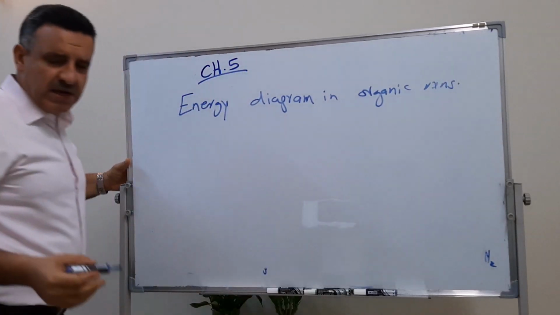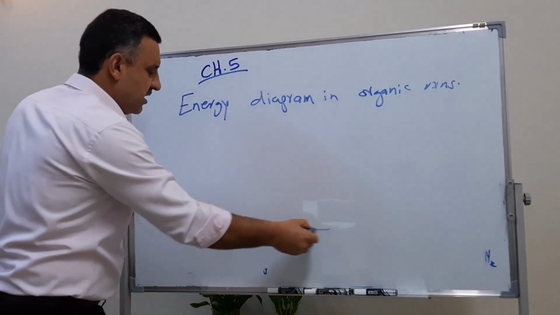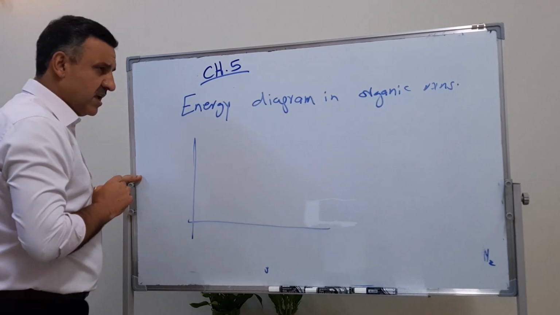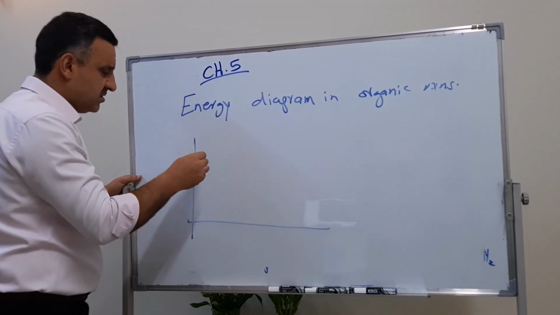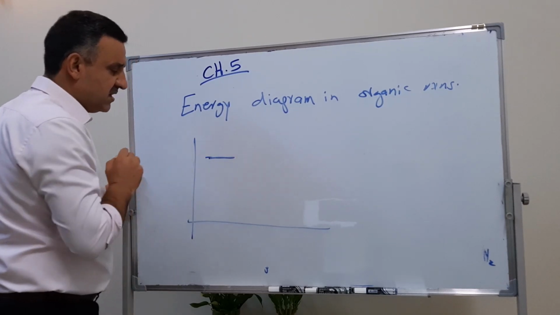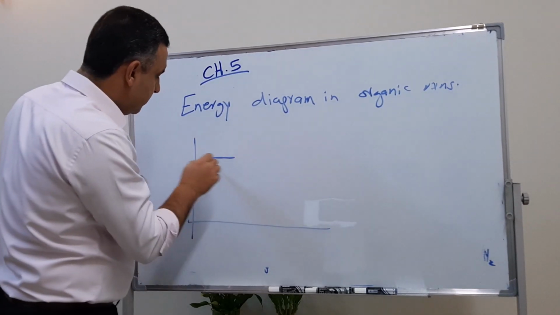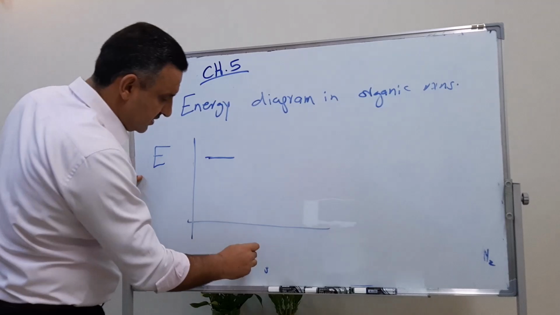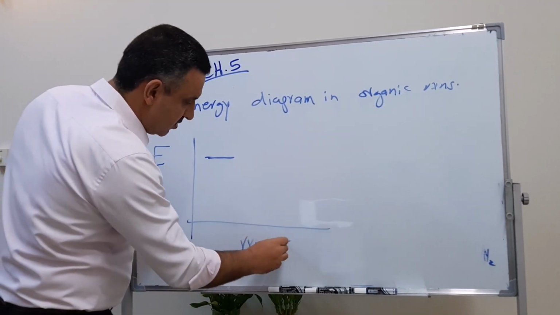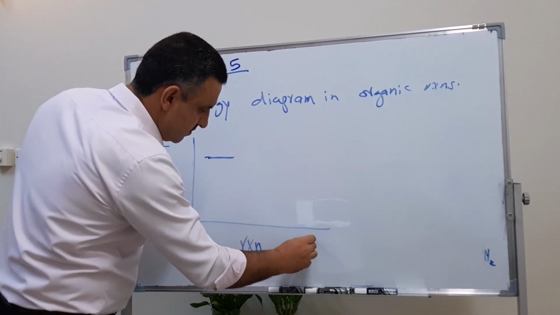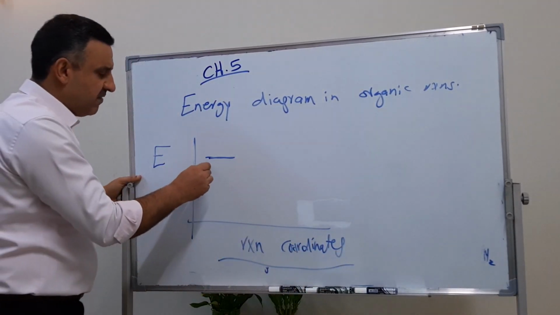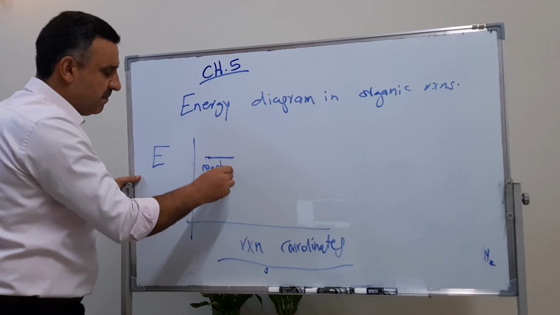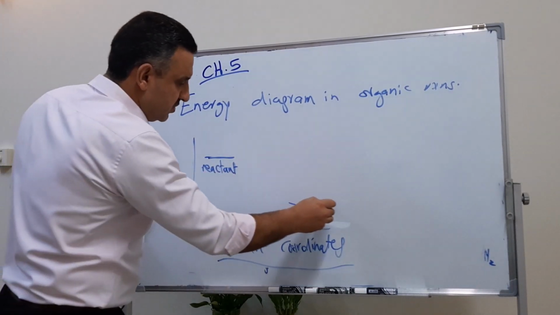In any organic reaction, this is the energy diagram, which is always the case. Now, for example, if we are talking about an exothermic reaction, the reactant will be at a certain point of energy. This is the energy, and this is the reaction coordinate, or the progress of the reaction. So if we have the reactant at a certain amount of energy, it goes to product.